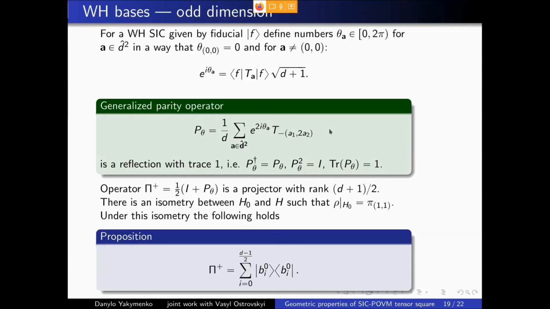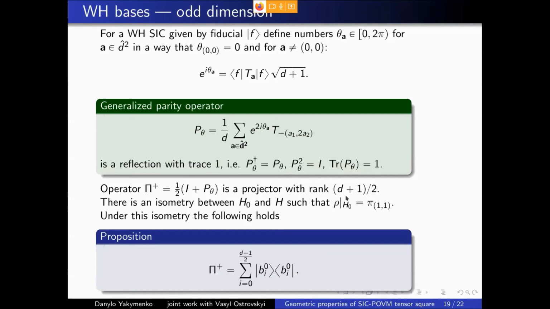This operator actually plays an important role in the construction of ladders that was mentioned by Professor Ingemar in the previous talk. So we can see how it emerges geometrically. Since it is a reflection, we can define the corresponding projection.